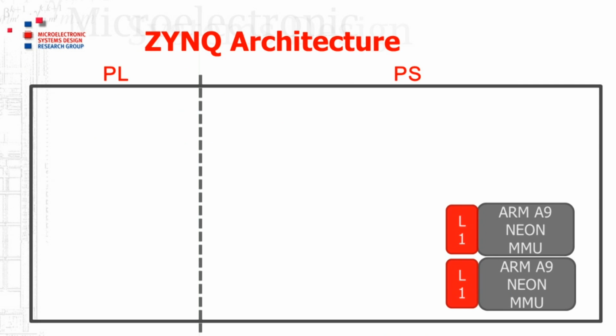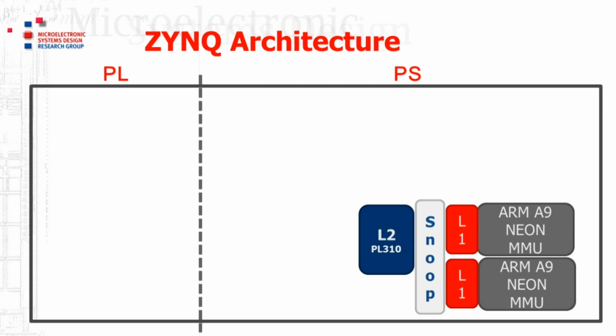The programmable system contains an ARM CPU subsystem, which is based on the ARM Cortex A9 MP core. So you have two ARM Cortex A9 MP core CPUs there. And each of these CPUs has its own specific level 1 caches. Then there is the shared L2 cache, which has a size of 512 kilobytes. And then between these, we have the Snoop control unit.